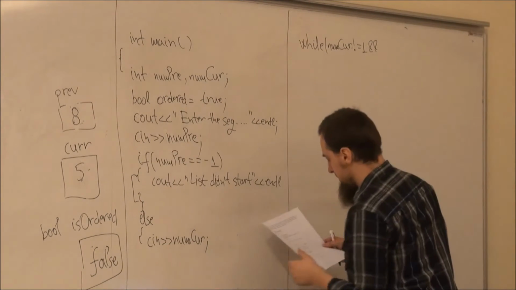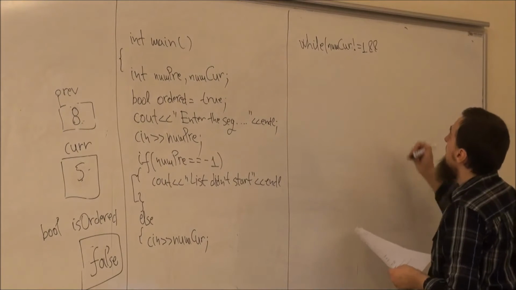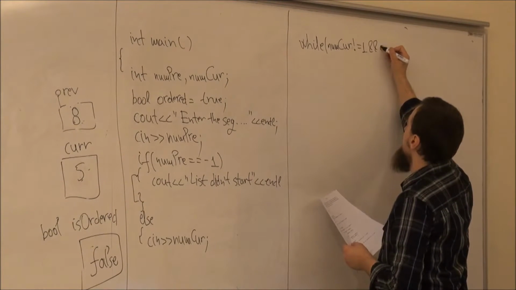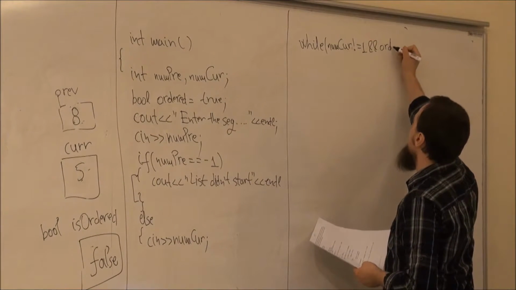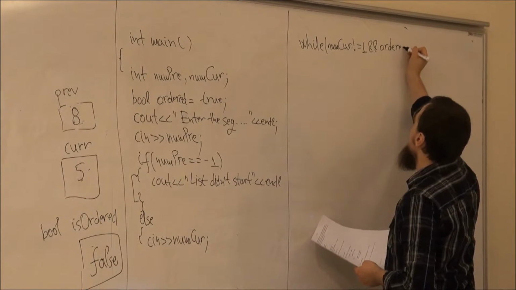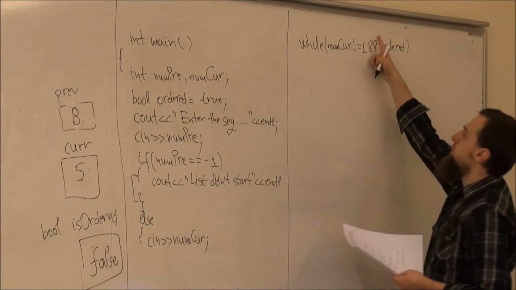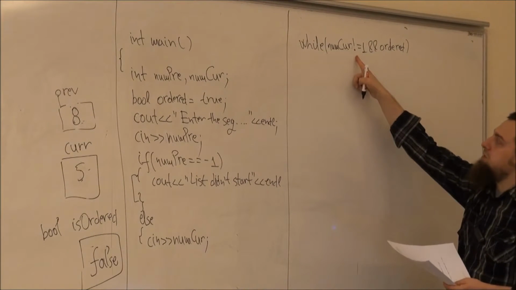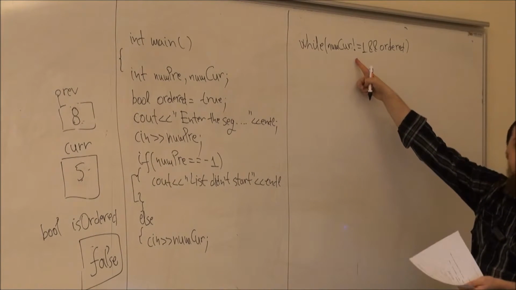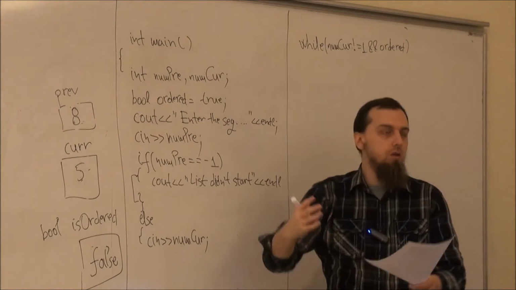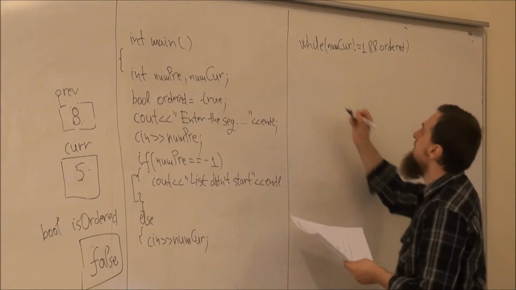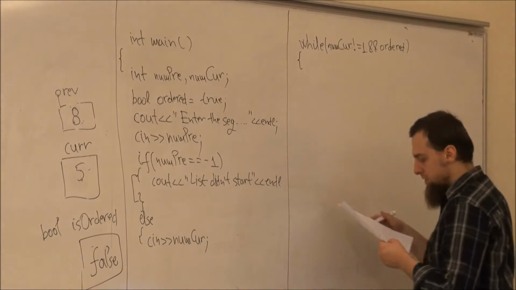And if this is not false, meaning if it's true, I have to continue to check for others. So we have an AND clause. If the newly given number is not equal to -1, and if up until now they are ordered, then continue to give other numbers and check those numbers.